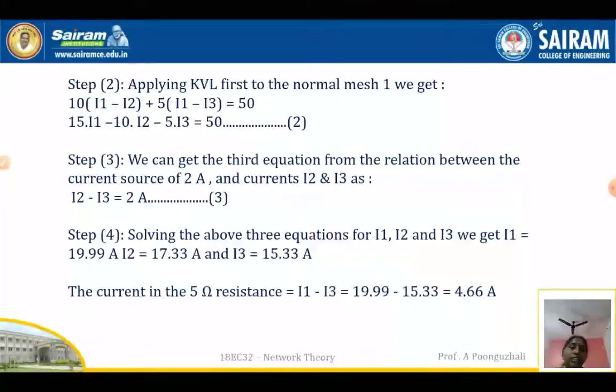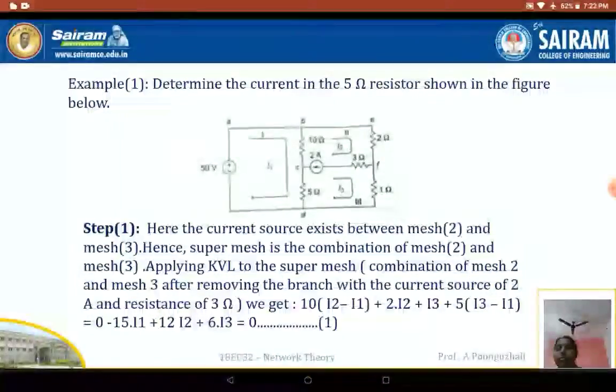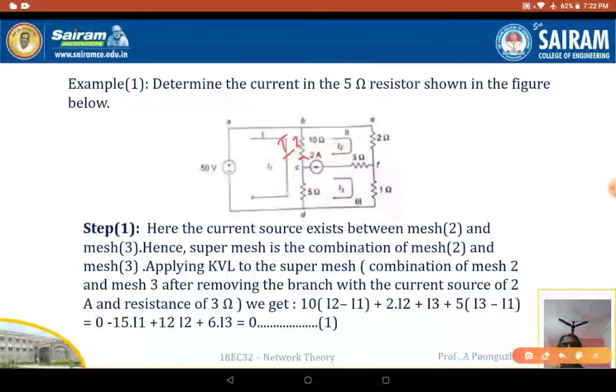The third equation is nothing but, in this we have to apply your KCL. So I am going to apply KCL. The current going through this is nothing but your I2 current, and the current entering here is going to be your I3 current. So the sum of the incoming currents is I3 plus 2, and the outgoing current is I2.